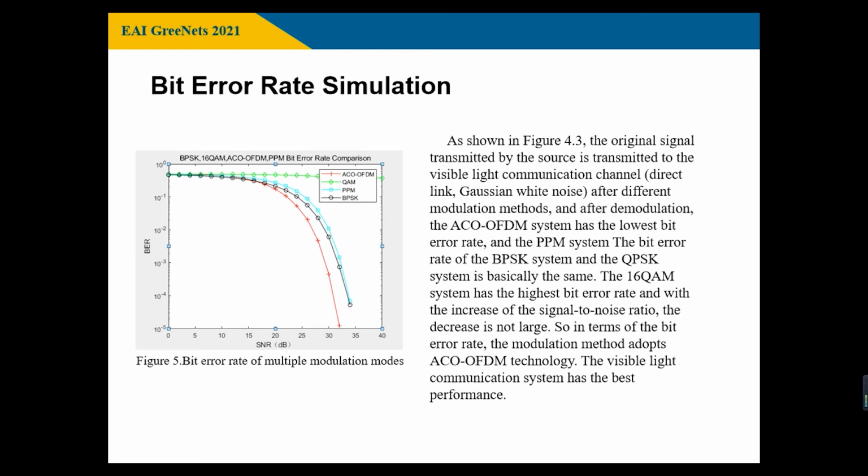The 16QAM system has the highest bit error rate, and with the increase of the signal-to-noise ratio, the decrease is not large. So, in terms of the bit error rate, the modulation method adopting ACO-OFDM technology in the visible light communication system had the best performance.